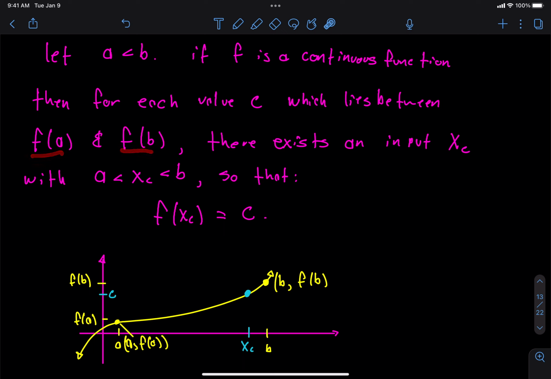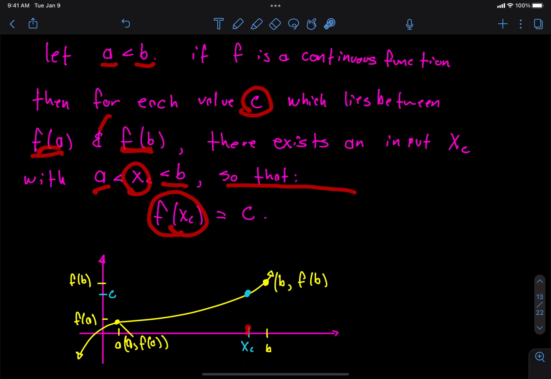So we have the inputs and then we have the outputs. For each value c which is in between the outputs, there is an input which is in between the starting input and the ending input, such that the height of the function at that input is equal to the value c, which we choose between our starting and ending output.